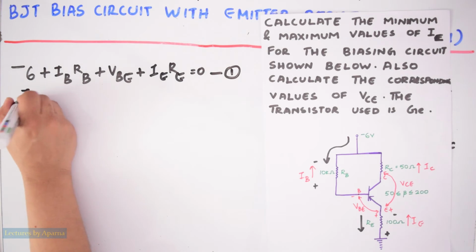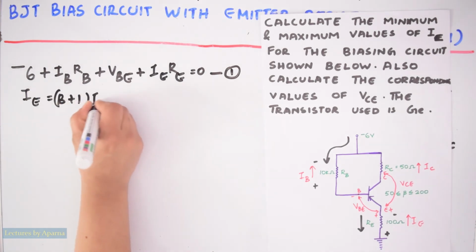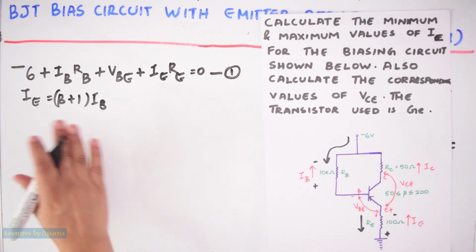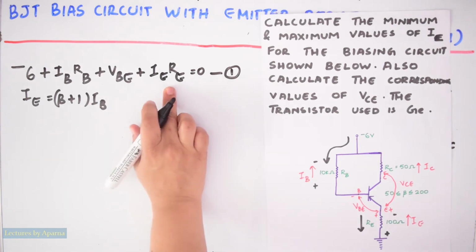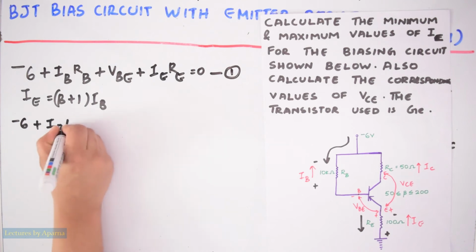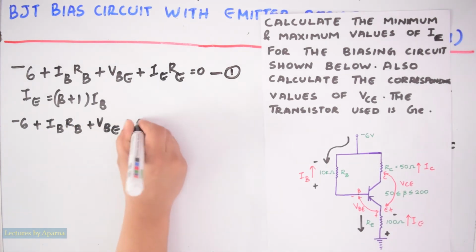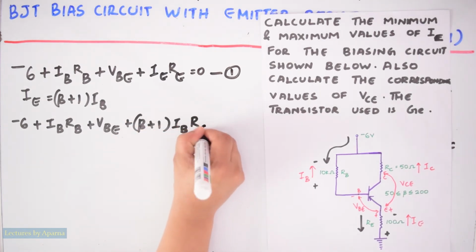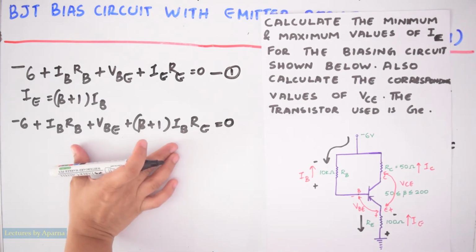We know IE is equal to beta plus 1 IB. This is a relation between emitter current and the base current. So substitute this in equation 1. Minus 6 plus IB RB plus VBE plus beta plus 1 IB into RE equal to 0. I have to keep terms with IB on one side.